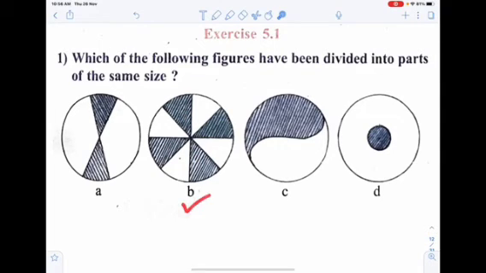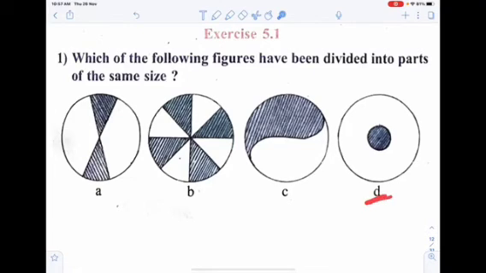So this figure is divided into parts of equal size or same size. Now considering the third figure. The whole circle is divided by a curved partition, but that actually divides the figure into equal parts. So this also can be considered as a figure that has been divided into parts of same size.